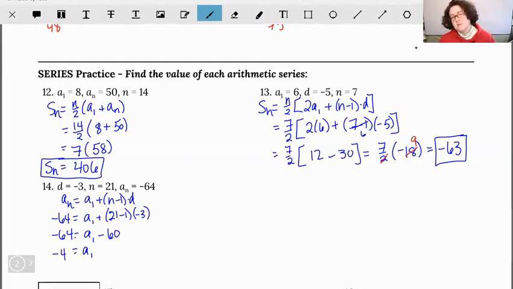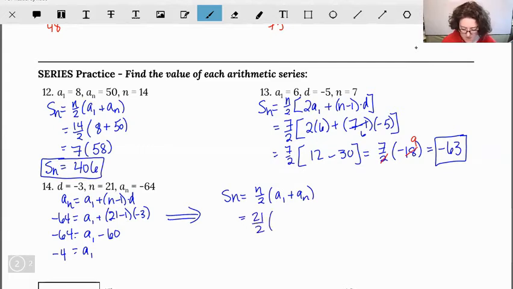And now we have enough info that we could use actually either one of our formulas. I'm going to go ahead and use the same formula I did in number 12. So S sub n equals n over 2 times a1 plus an, because now I have both of them. So n is 21, a sub 1, negative 4, plus a sub n, negative 64, aka negative 68.